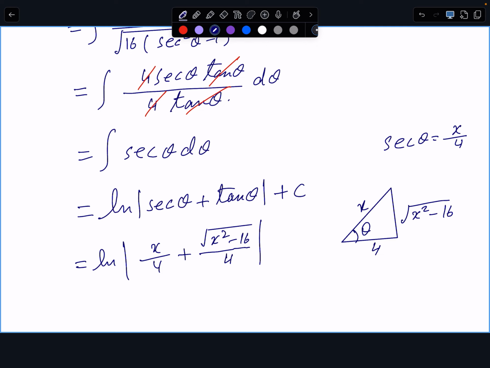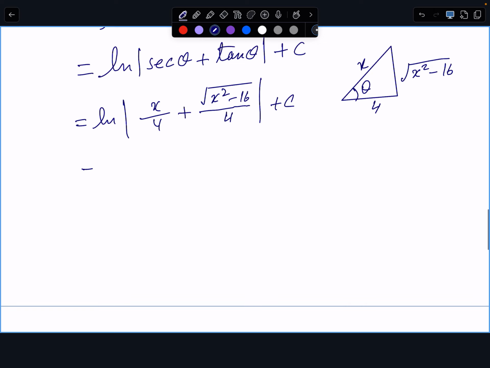Over 4 plus c. If you want to write only this one, x plus x squared minus 16 is also correct.